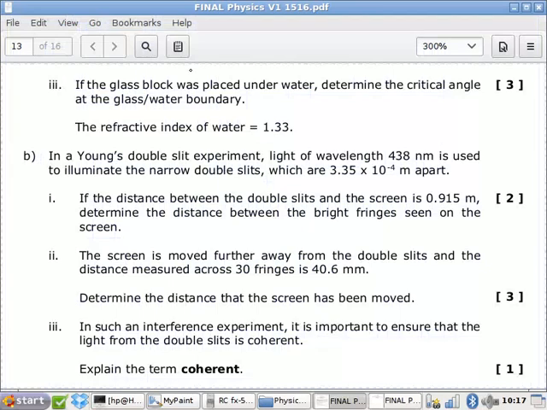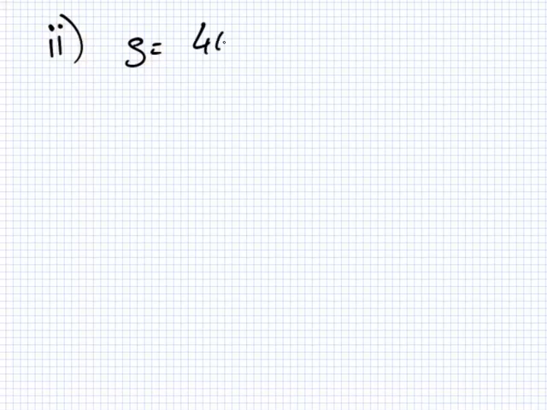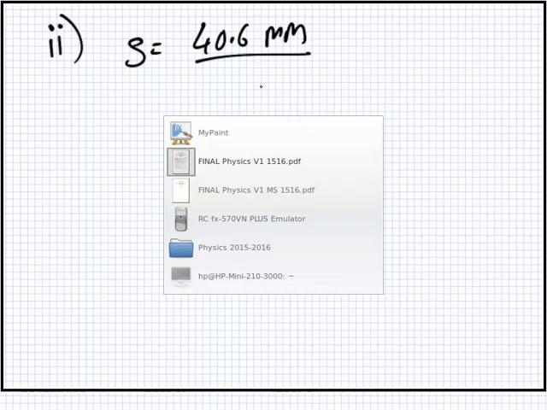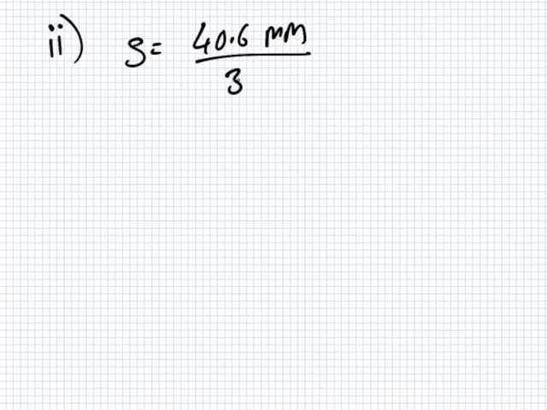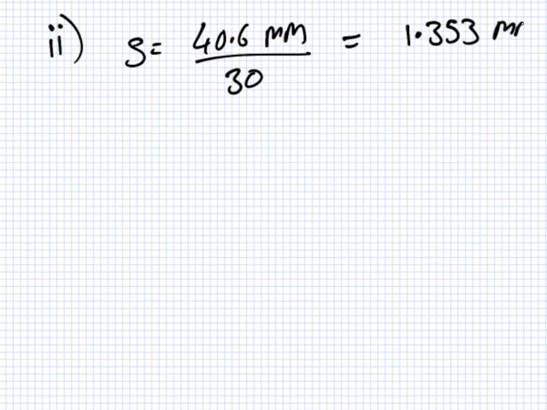Firstly, let's get the S, which will be 40.6 millimeters over 30 fringes. What's that, please? 1.353 millimeters. Yeah.